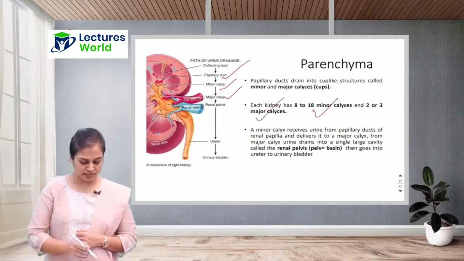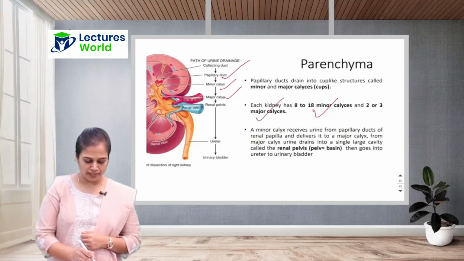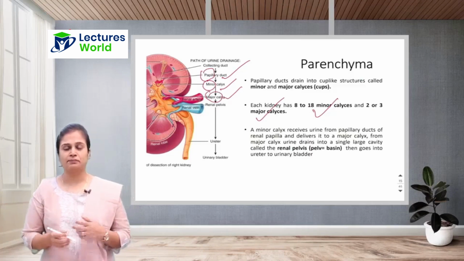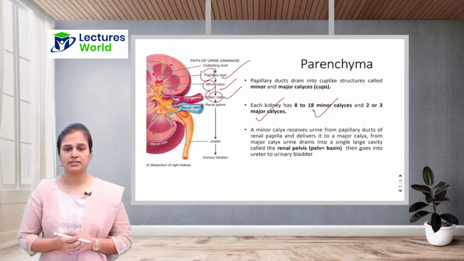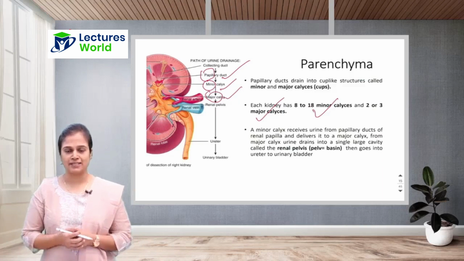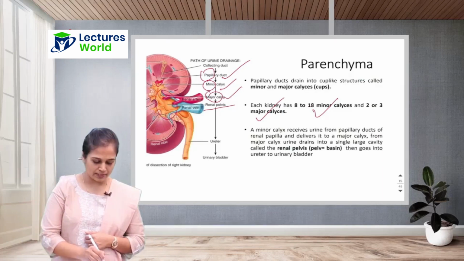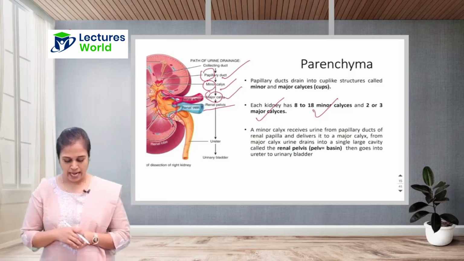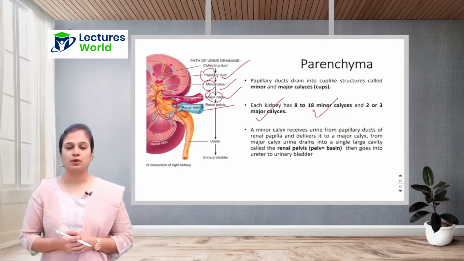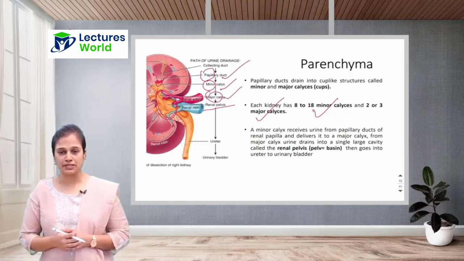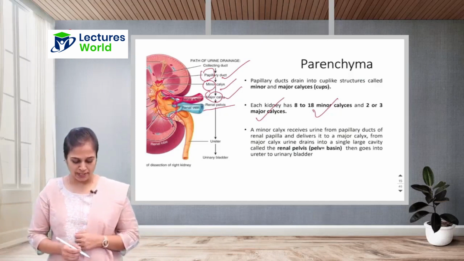The minor calyx receive the urine from the papillary duct, and from the minor calyx it goes into the major calyx, and from the major calyx urine drains into the single large cavity of the kidney, that is the renal pelvis. You can see this is the renal pelvis, and then from the renal pelvis urine goes into the ureter to the urinary bladder.